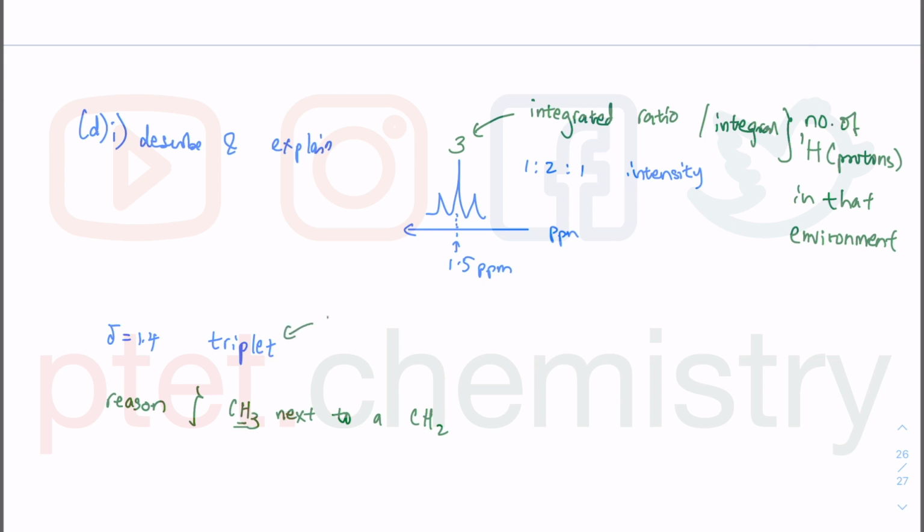Triplet means 3 lines. You get 3 lines because n plus 1, sorry, I beg your pardon. How many neighboring protons you must have, plus 1 will give you how many lines you see in your NMR. You get 3 lines because you have 2 neighboring protons. That means you're next to a CH2.